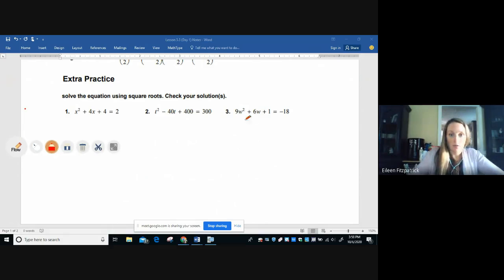The first step when doing these problems is to factor the perfect square trinomial.